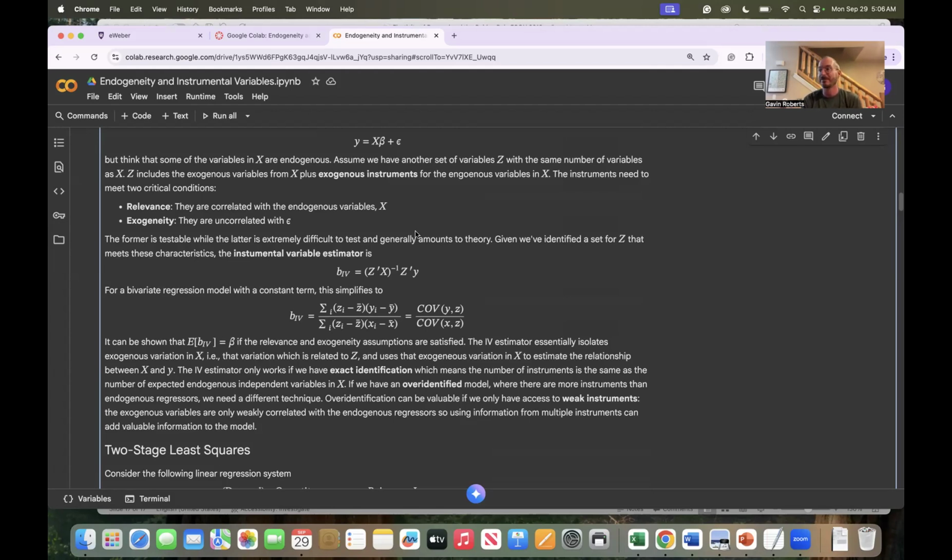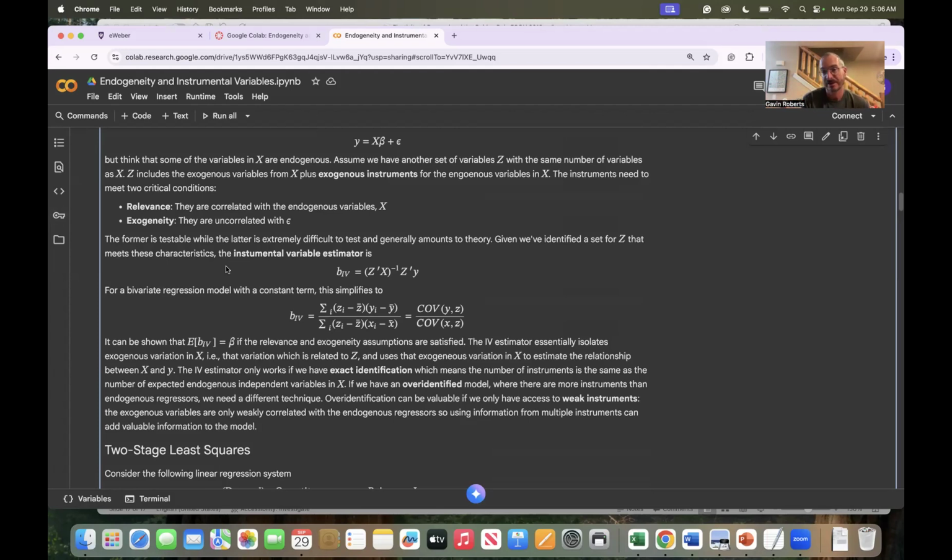Specifically, if you find an instrument and say, this is perfectly correlated with X, that's not going to be a good instrument, because if it's perfectly correlated with X, then it's also certainly correlated with the population error term and is not actually exogenous. So we need it to be relevant, correlated with X, but not correlated with the error term. So we want to find those special variables where the correlation is coming from a place that's not correlated with the error term.